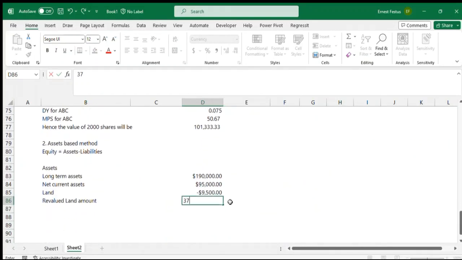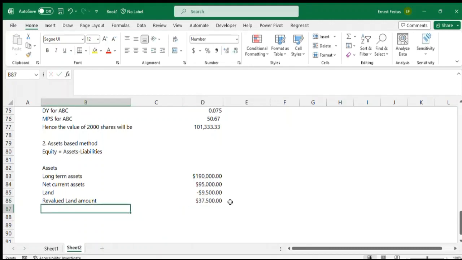So I have my 37,500 there. So we have taken away the old amount, which is now irrelevant, and then we are adding back the revalued amount.